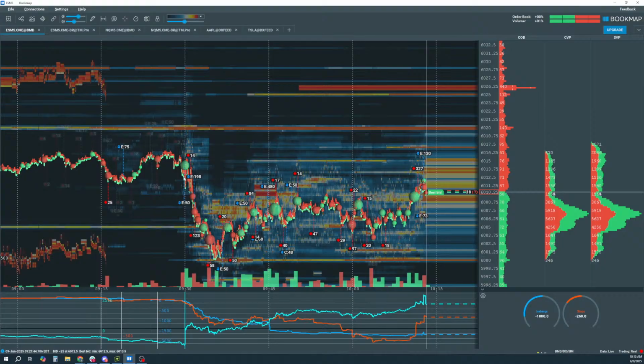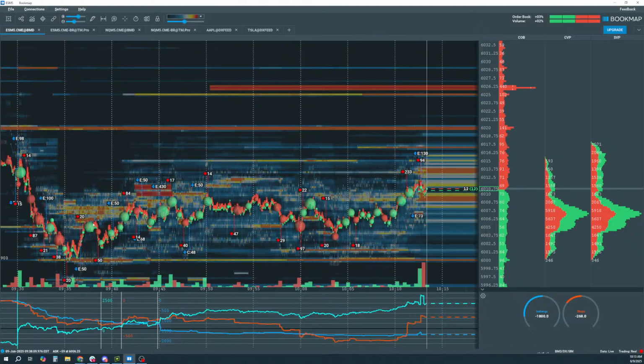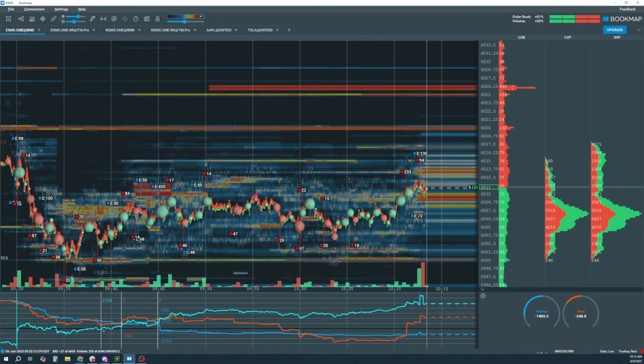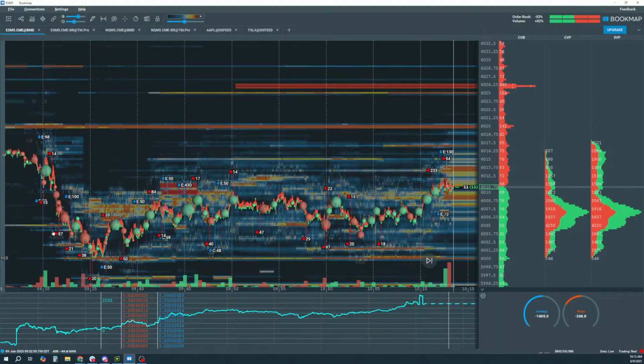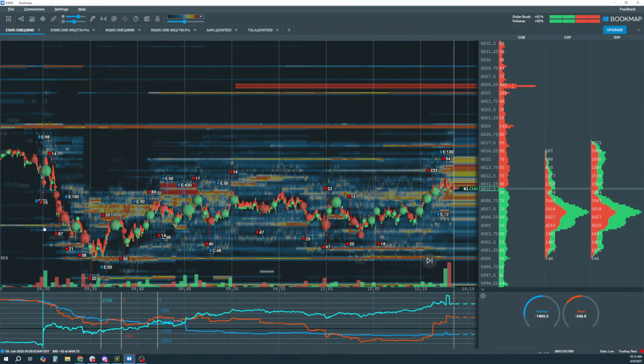This is one of the setups that we're looking for: as this is selling off, are there traders passively absorbing or getting filled and transacting on the bid? Okay, so that's where the liquidity heat map comes in. Do we see a lot in here? Okay, a lot of buyers at these price levels in the heat map.